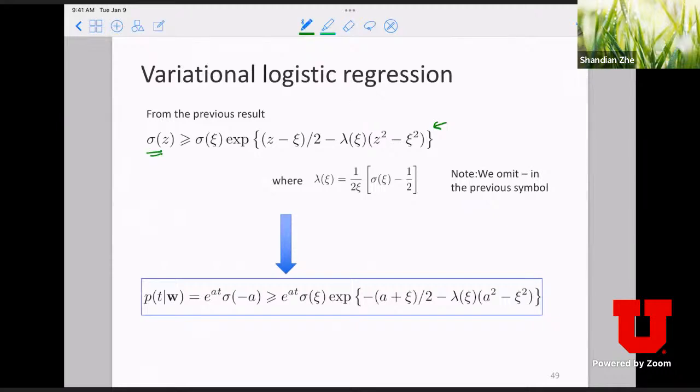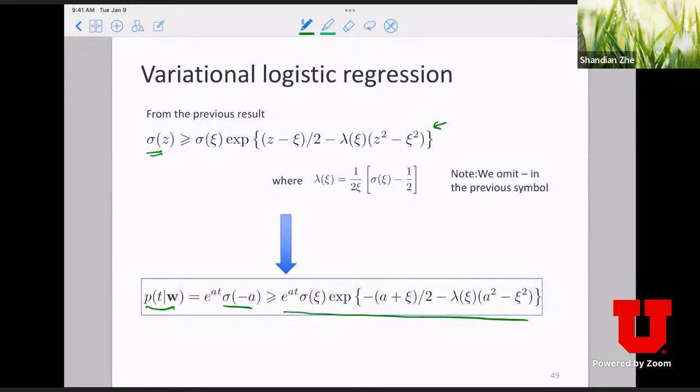So now we just substitute this lower bound into the likelihood. We know that P of t given w, this likelihood, is e to the power of At times the sigmoid function. You just apply this lower bound, replace z by minus A, and you get this lower bound.